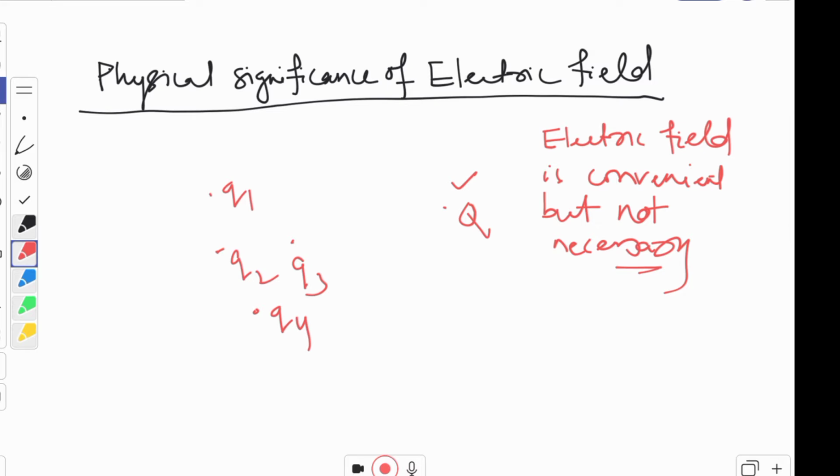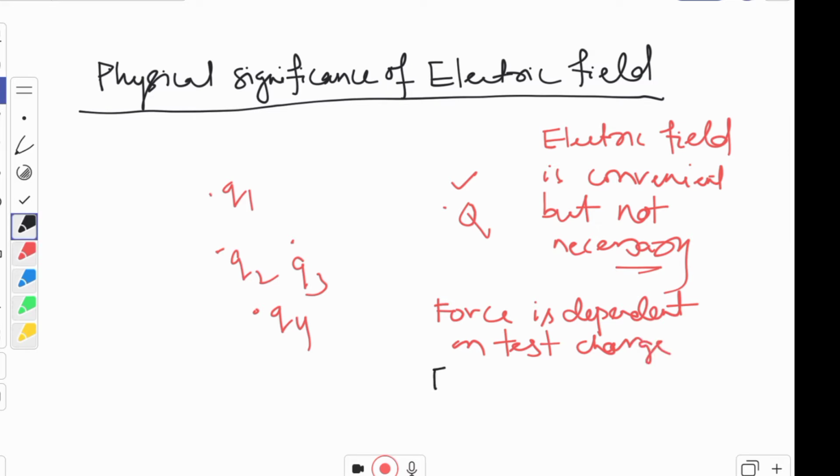So we know that force is dependent on test charge. This thing we have already studied. But electric field E is independent of the test charge.